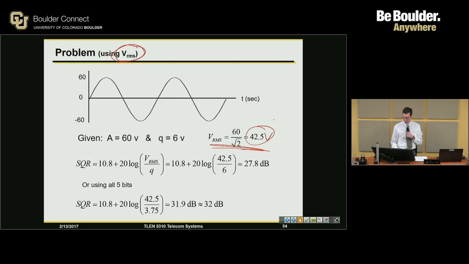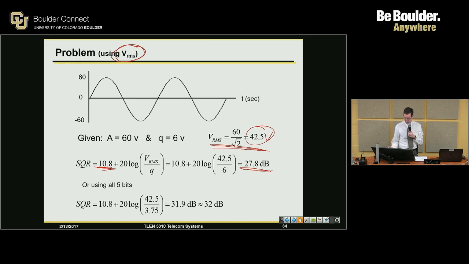I take that and put it into my equation, and because I'm using the RMS equation, I have to use this 10.8 number instead of this 7.8 or 7.7 number. I put all those numbers in, and guess what? I get 27.8 dB out, which was the same number I had before, right? Which is what we would expect.